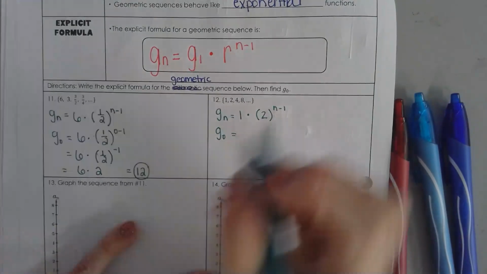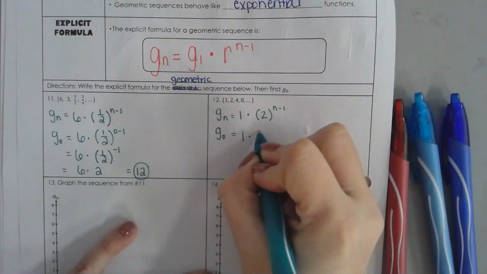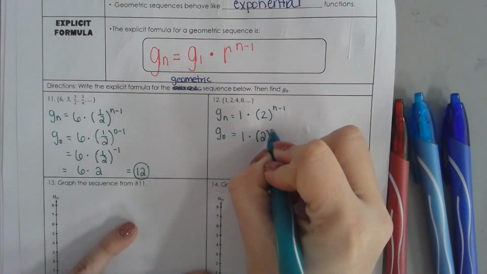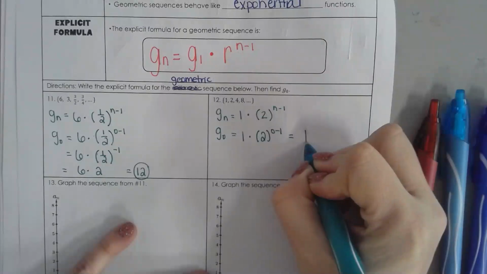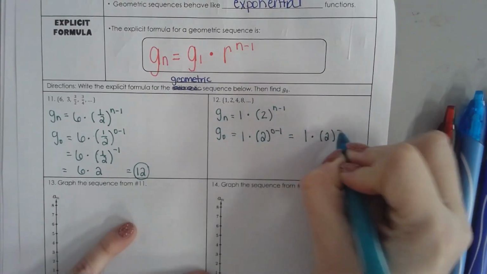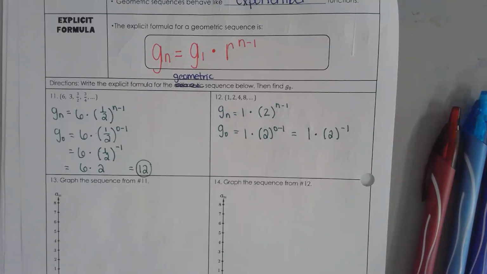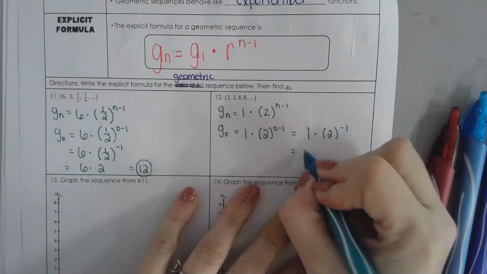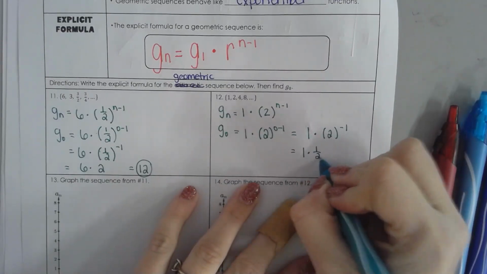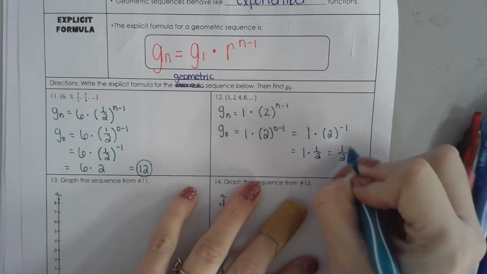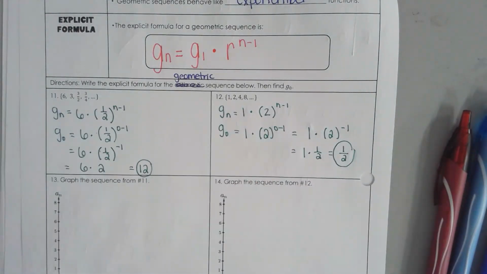But this would be 2 to the 0 minus 1. So if we have 2 and we raise that to the negative first power, that's the same thing as 1 over 2. So 1 times 1 over 2 is 1/2. Which, if we went backwards, would make sense. If my first term is 1 and I go backwards before that, I would have 1/2.